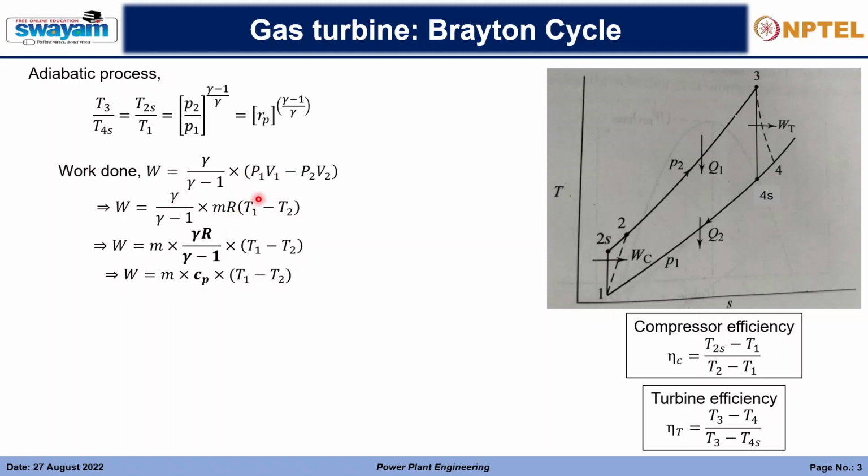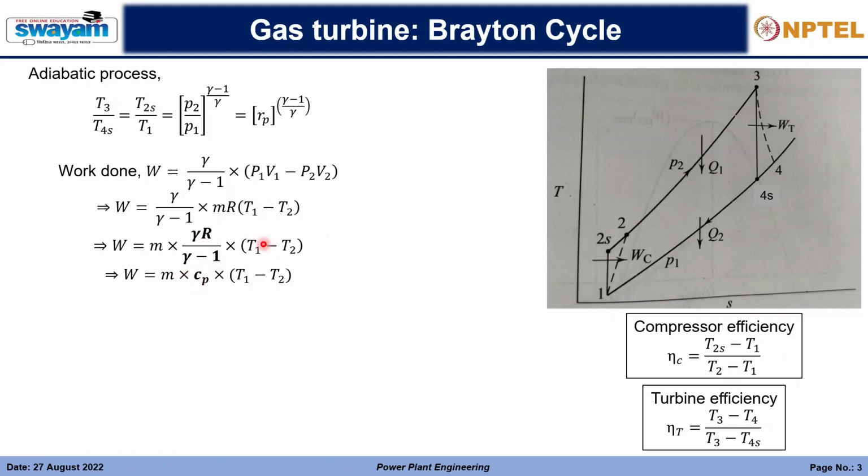Then I wish to talk about how we are getting this work done. One of the most interesting things here is that PV can be converted into mR(T1 minus T2), and we get a particular relation like this. So gamma R divided by gamma minus 1 basically represents the specific heat capacity at constant pressure, that is Cp.